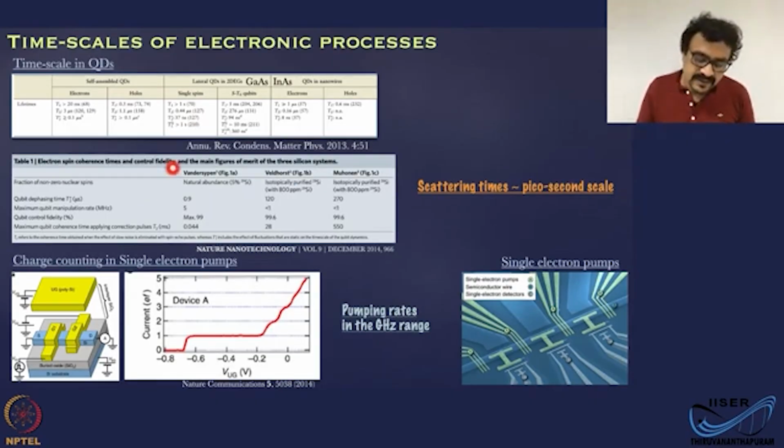Here is another table which consists of these times for silicon-based devices. And here also you can see the fastest one is your T2. That's again like half a second. You can see it has gone up to half a second. But mostly these are all again in a millisecond or a microsecond time scale.